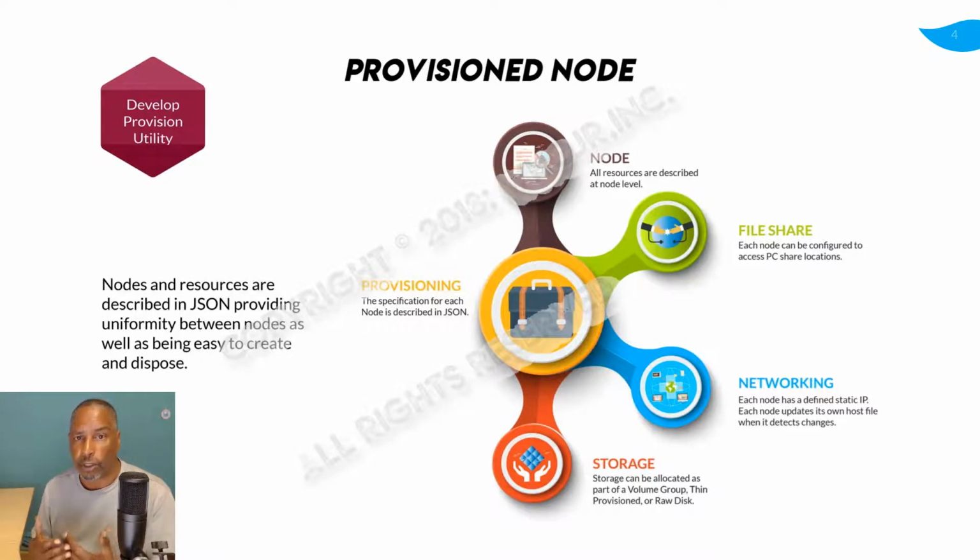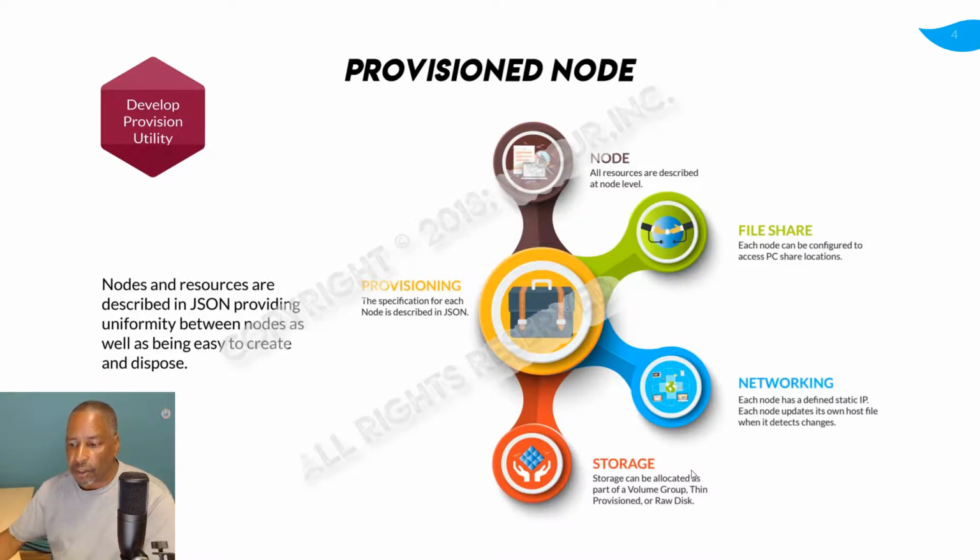And we're going to describe each one of these nodes using JSON, and then read a JSON file, configure our node inside of Vagrant using Ruby to assist us, and then we're simply going to be able to launch these individual virtual machines in order to do our development, in order to do testing, in order to do packaging and deployment.